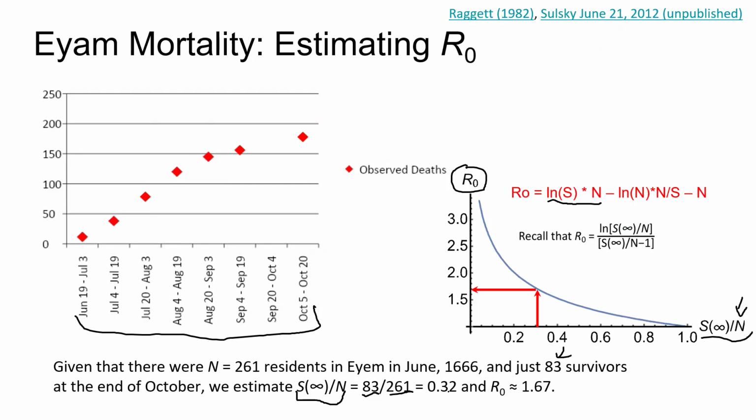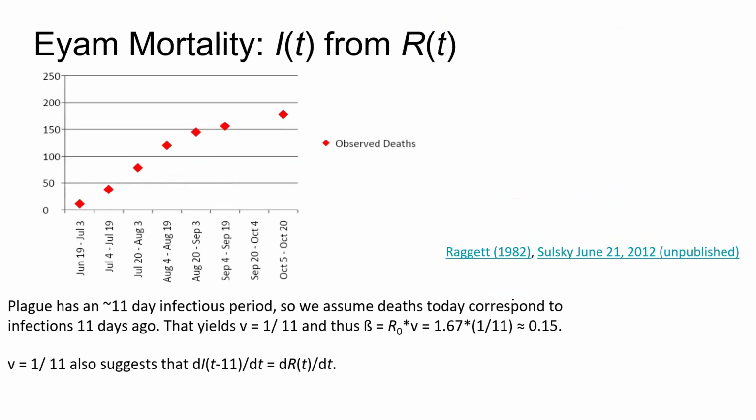This gives us our S infinity over the total population ratio, and if we plug that into our new algebraic equation, we end up getting an R naught of 1.67, which I was close. I said 1.7, 1.67. Sorry. So now we have R naught.